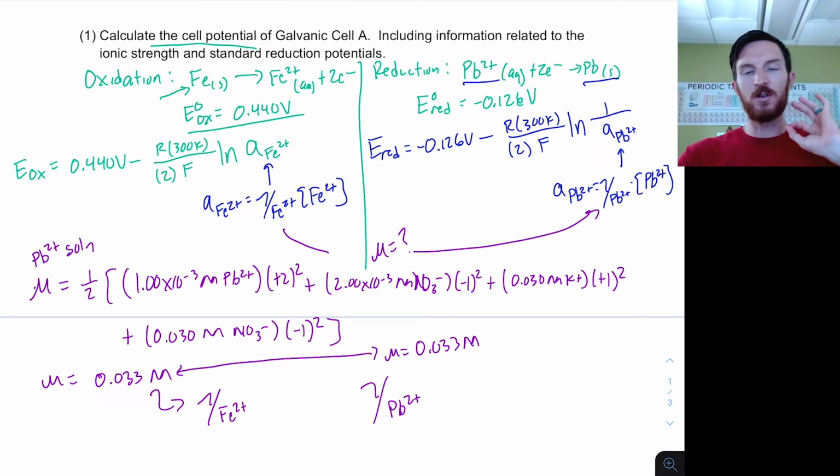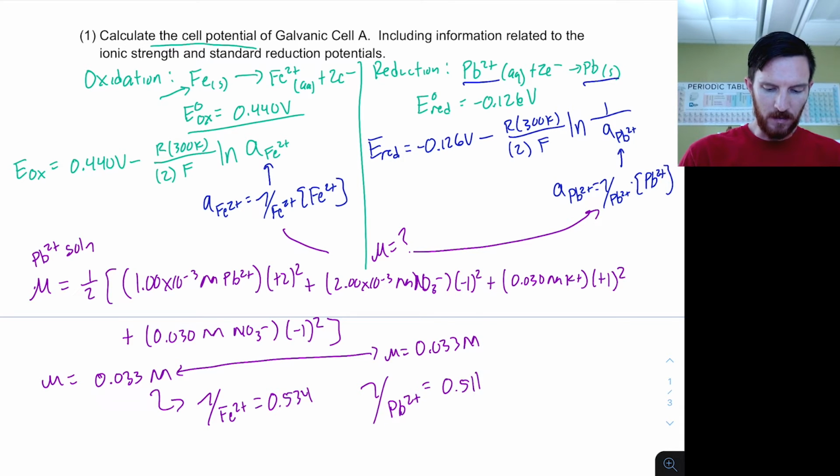If they're different solutions, like our next example, then we have different ionic strengths. So we get an activity coefficient of our iron ion of 0.534, and of our lead ion, 0.511.